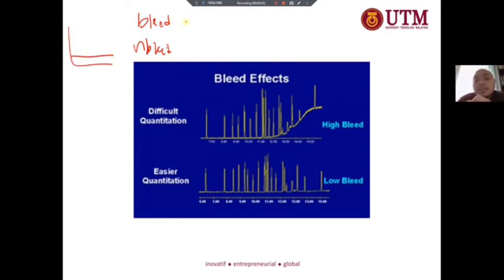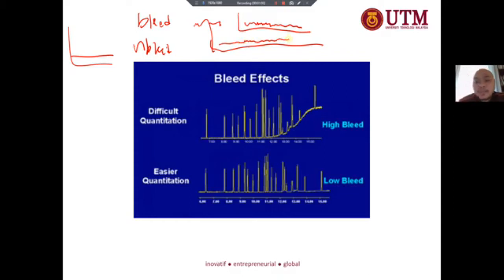For the bleed column, the problem is that they have a lot of noise. The non-bleed column should be much smoother compared to the column that is actually bleeding.